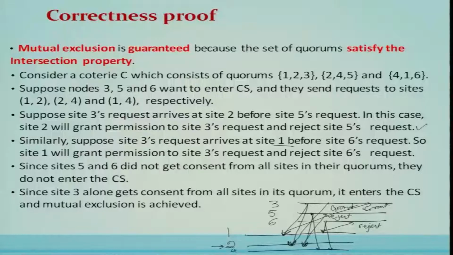So here we can see that sites 5 and 6 did not get the consent from all the sites in the quorum. Only site 3 gets the consent from all the sites in its quorum and enters into the critical section. Hence mutual exclusion is achieved.